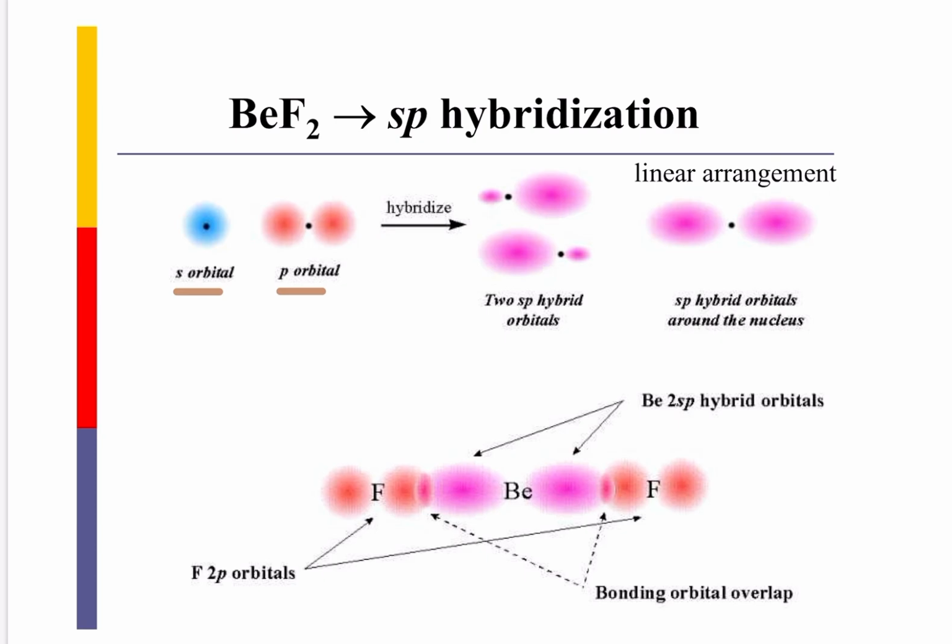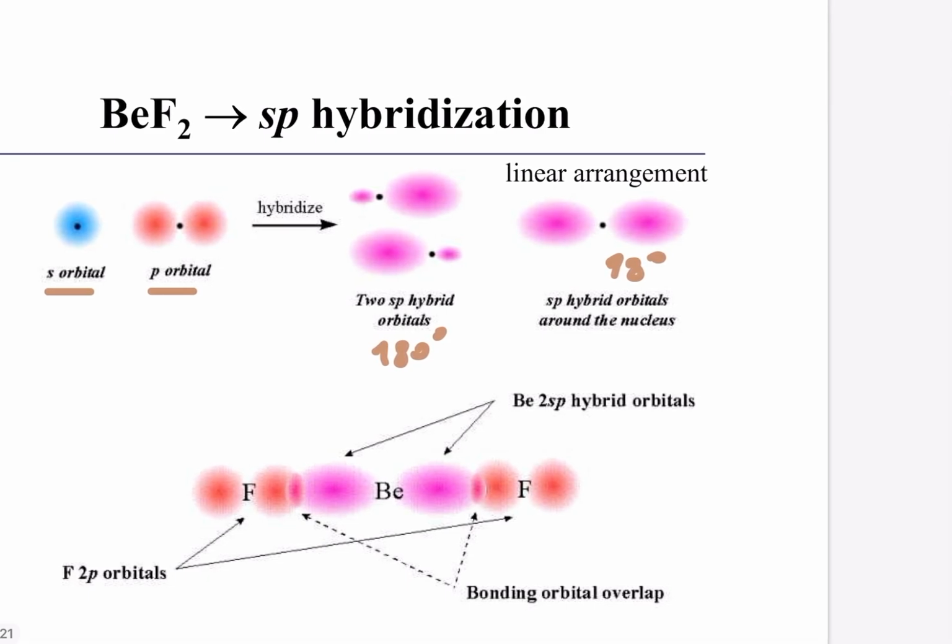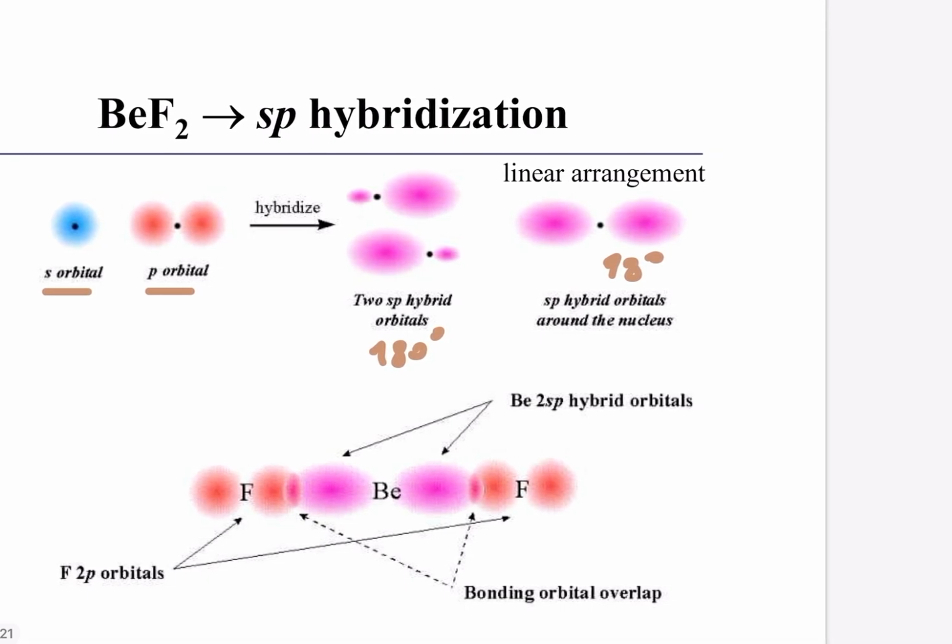After hybridization, we have 2 sp orbitals with 180 degrees. When we have bond formation between the 2 fluorine atoms, it makes sp and 2 covalent bonds.